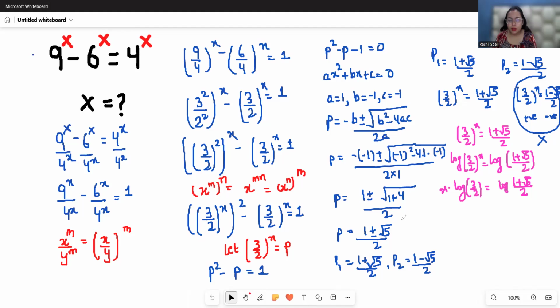So x equals log((1+√5)/2) divided by log(3/2). Now we have our final answer, which is x equals log with base 3/2 of (1+√5)/2.